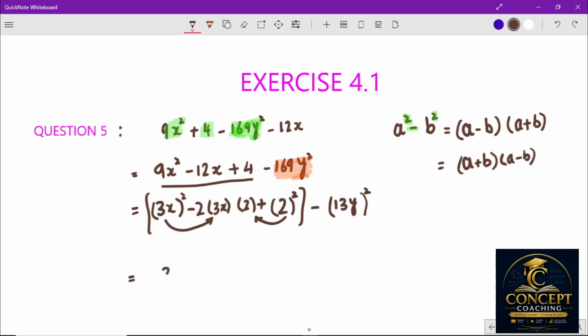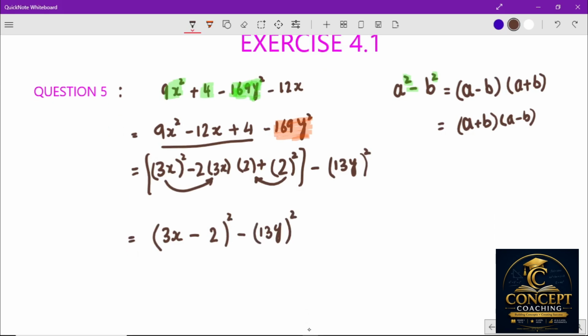We just write 3x and 2 and put the negative sign, because the middle term is negative, so we write the negative sign here, and this is whole square. Minus we have 13y whole square.